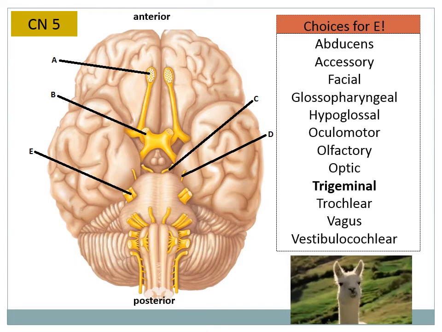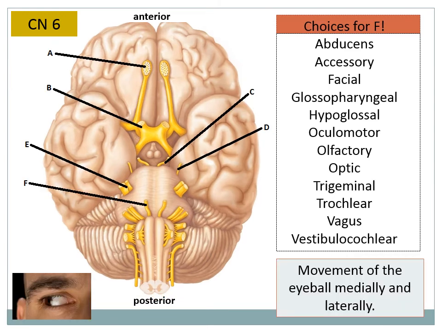Now we're going to move on to cranial nerve number 6. From here on, we're going to try to remember these based on their number and their function. Ways of remembering these get kind of weird, but I promise that it's only there to help you. Cranial nerve number 6 helps move the eyeball medially and laterally. When the doctor has you follow a pen, they are testing this nerve. This is going to be your abducens nerve.